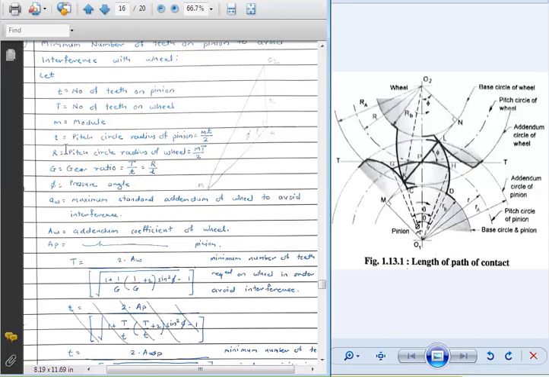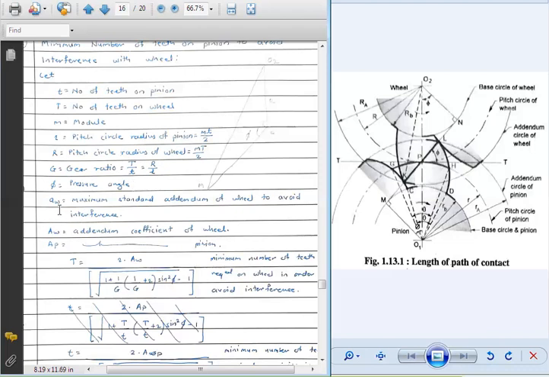Then gear ratio. This is an important thing. This gear ratio G is equal to capital T by small t, which equals capital R by small r. It is a ratio of number of teeth, or of radius, of the gear. Then phi is nothing but the pressure angle.